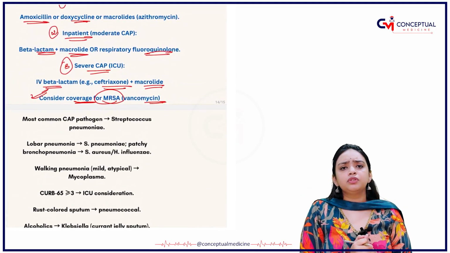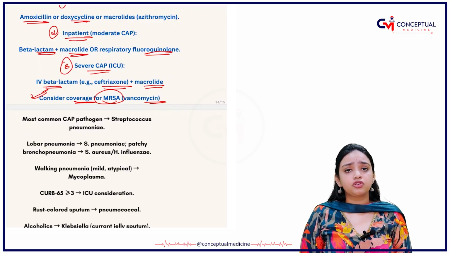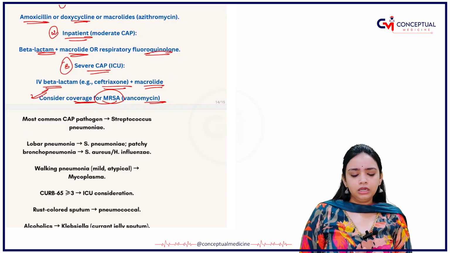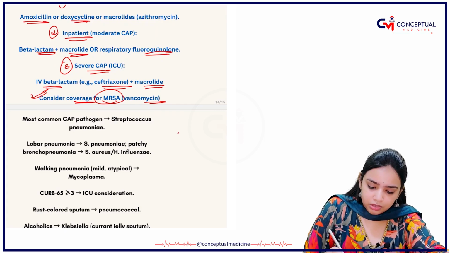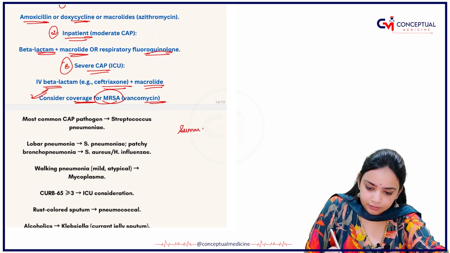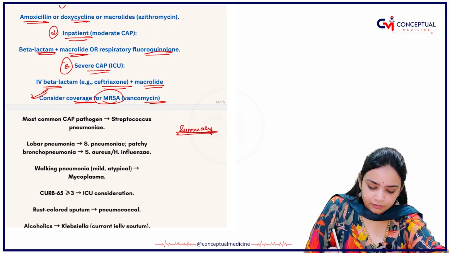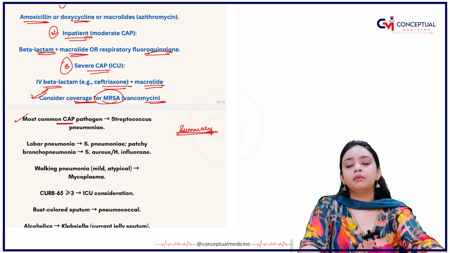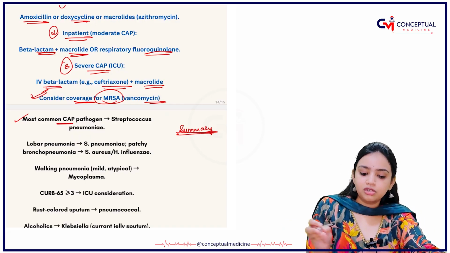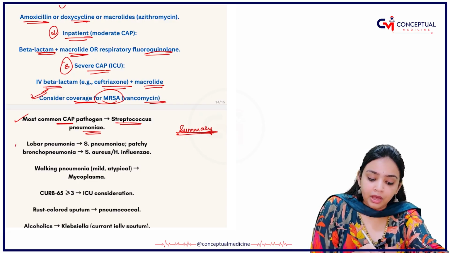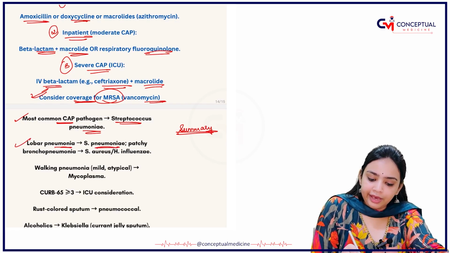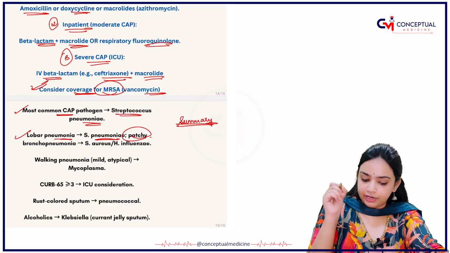Although you will learn about the treatment more in your pharmacology lectures, from there you will learn it in detail. Okay, this is your summary table. The most common community acquired pneumonia pathogen is S. pneumoniae. Lobar pneumonia has S. pneumoniae with the patchy infiltrates that are there.